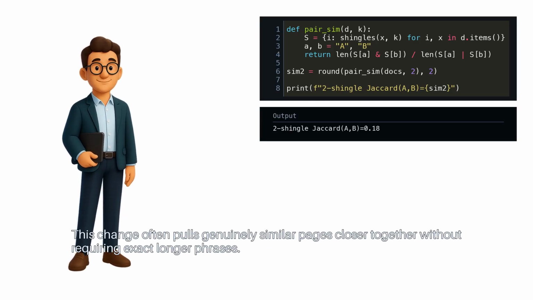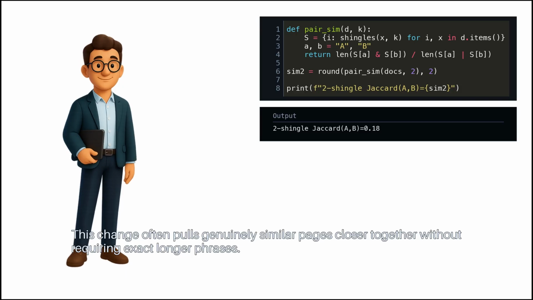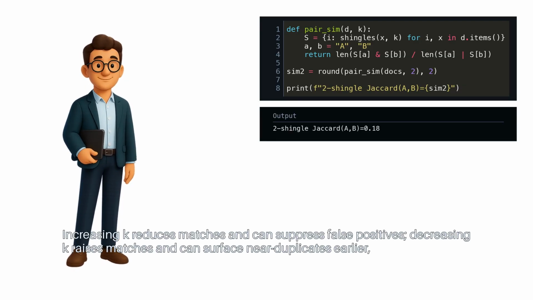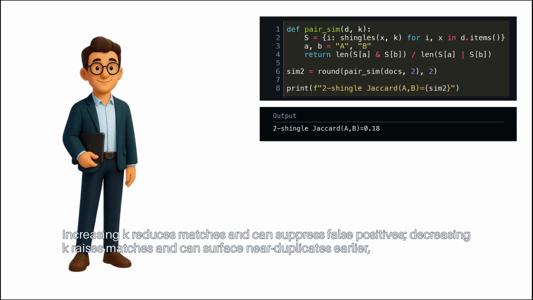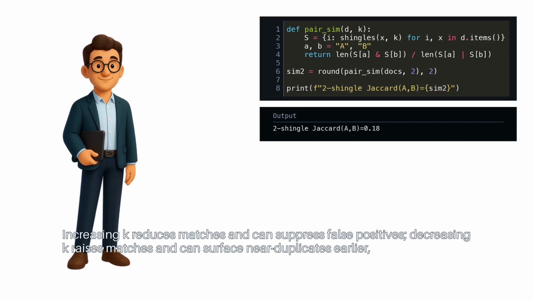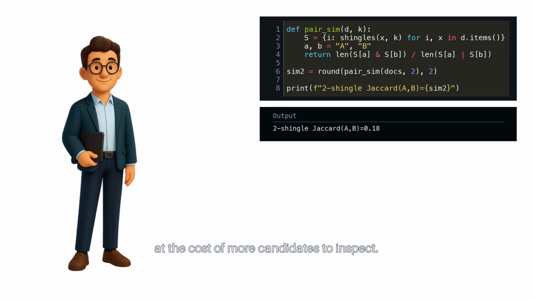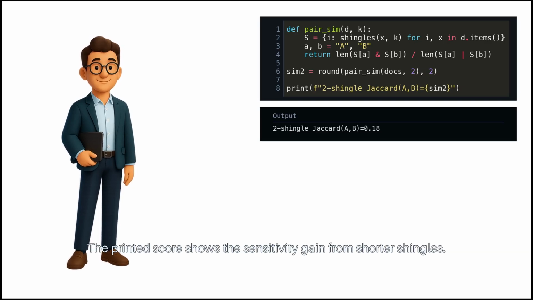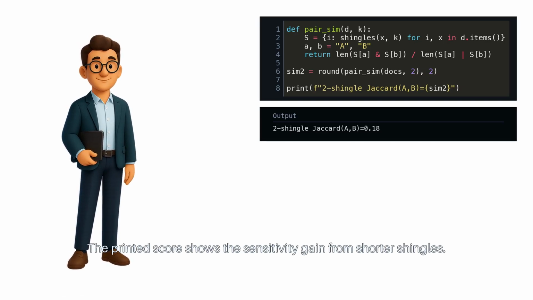This change often pulls genuinely similar pages closer together without requiring exact longer phrases. Increasing k reduces matches and can suppress false positives. Decreasing k raises matches and can surface near duplicates earlier at the cost of more candidates to inspect. The printed score shows the sensitivity gain from shorter shingles.